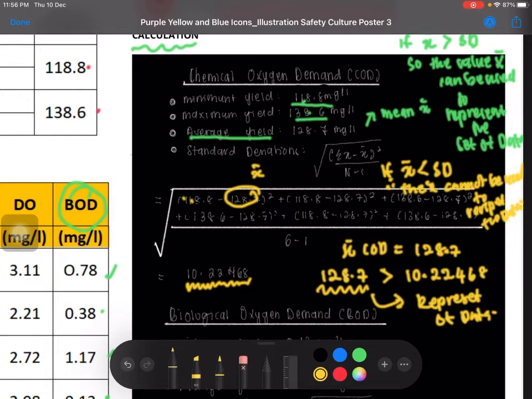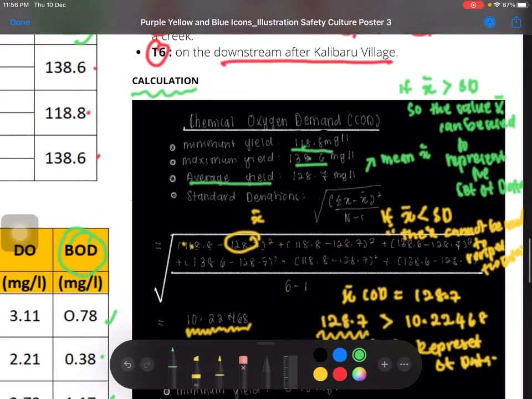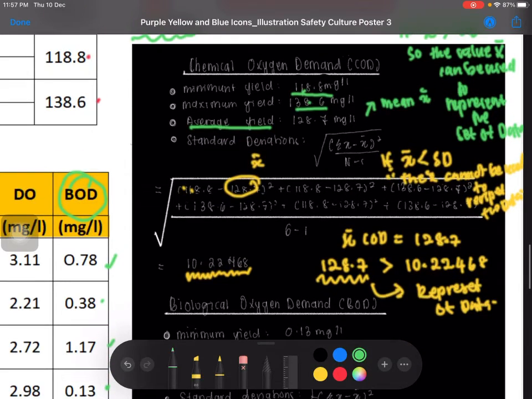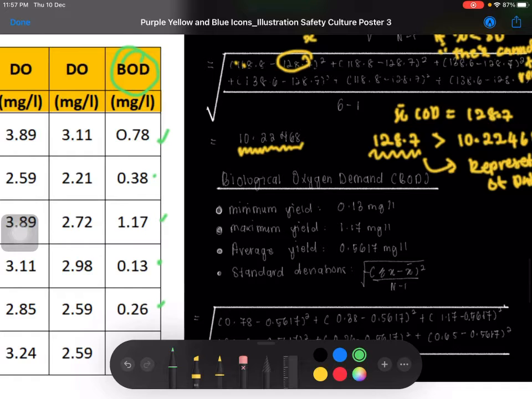Okay. So next, moving on to the biochemical oxygen demand, BOD. It's actually the same thing, but we can see that the range of values for COD is bigger than for BOD. BOD is only showing less than 1 mg per liter, so the value is smaller compared to the COD.